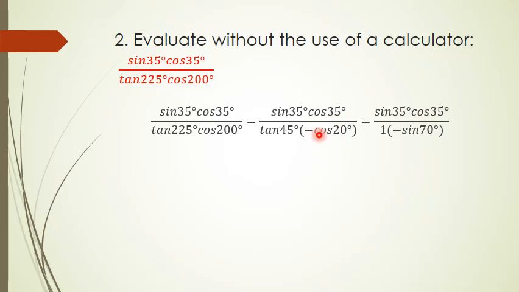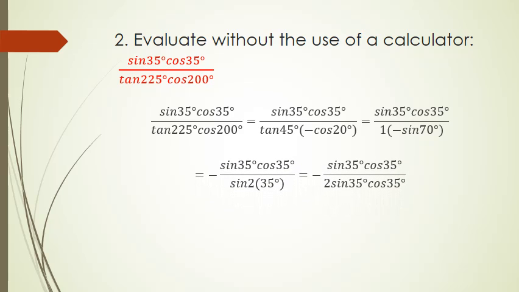So we change cosine 20 to sine 70 degrees using co-angles. And now 1 times minus sine 70 degrees is minus sine 70 degrees, and simply take the negative here. And writing 70 as 2 times 35, as we have observed that 70 is twice 35, write that as sine 2 times 35.